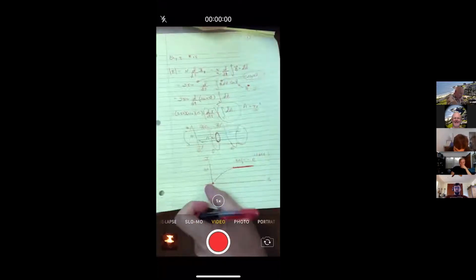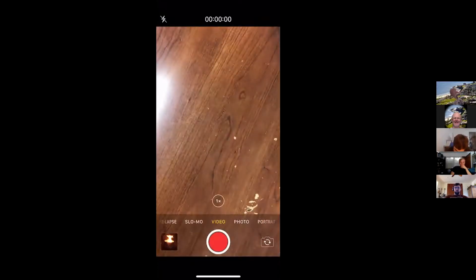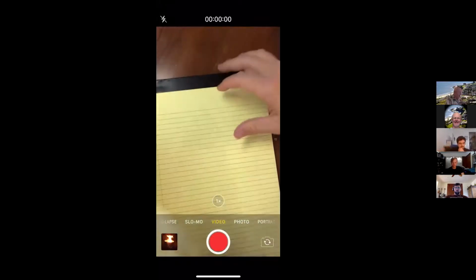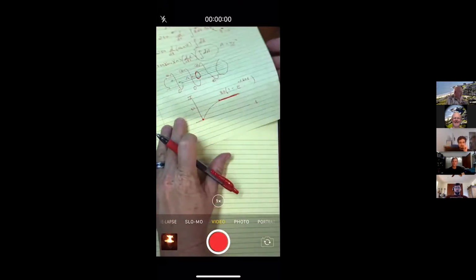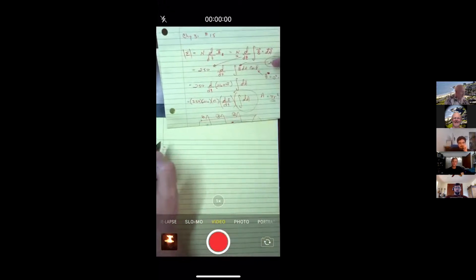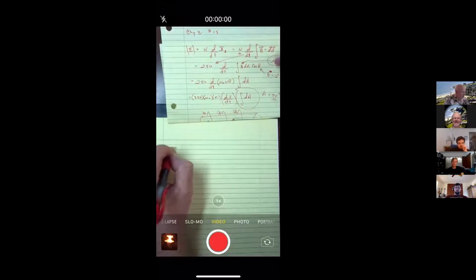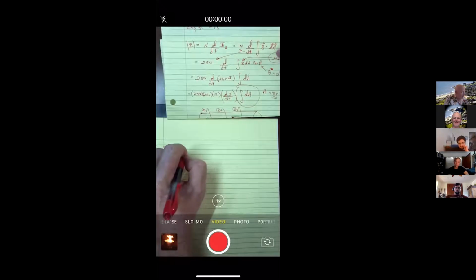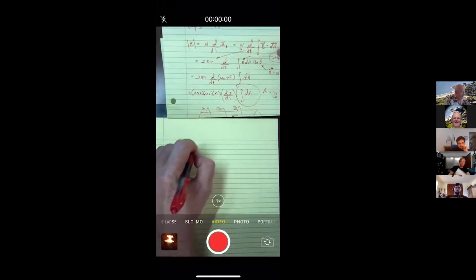All right, so I'll continue on. Looks like I need a new yellow pad. Grab a new one here. Okay, and so copying this equation, I have 200 times mu naught. Let me just write it as 4 pi times 10 to the negative 7.